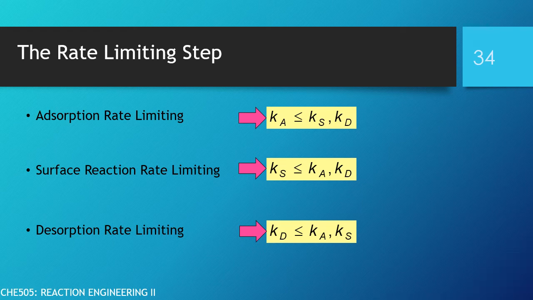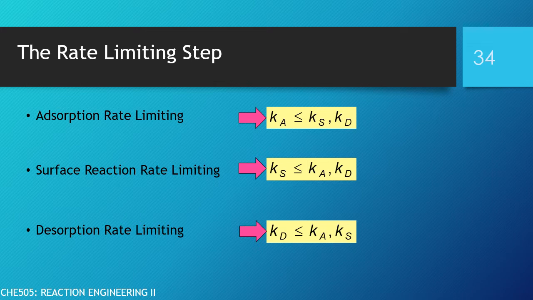After looking at all the derivations at different rate limiting steps, now we look at why the process is called rate limiting. For the first one, adsorption rate limiting. For adsorption rate limiting, the rate constant of adsorption is smaller than Ks and Kd, so the rate constant of surface reaction and the rate constant of desorption reaction.